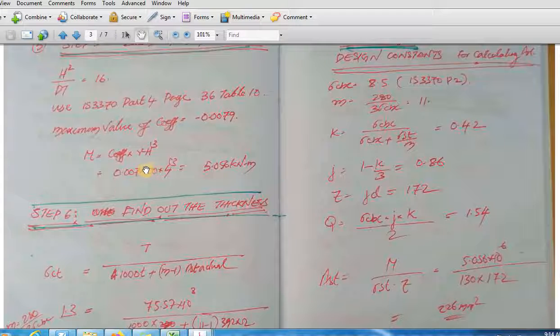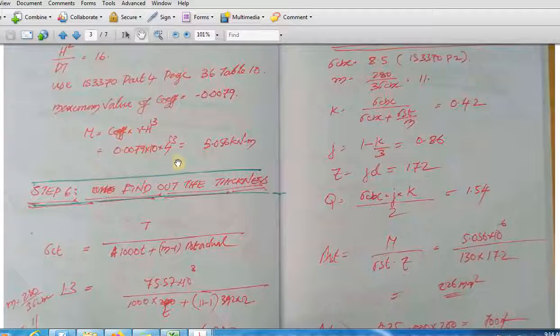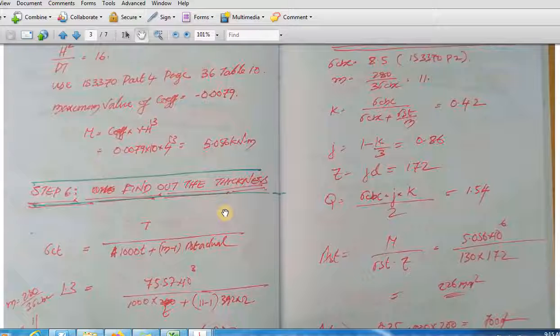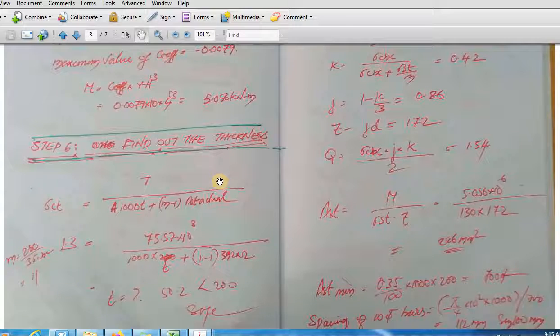So using that formula, you will get 5.056 kilonewton meter bending moment on the wall, because this bending moment is vertical in nature actually. So vertical steel is provided based upon this 5.06 kilonewton meter.